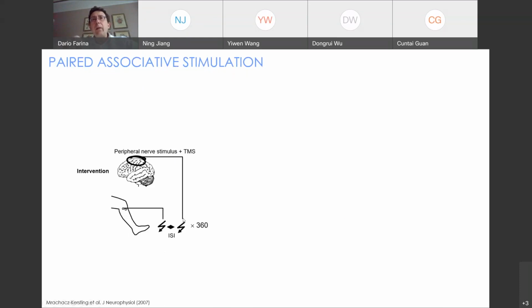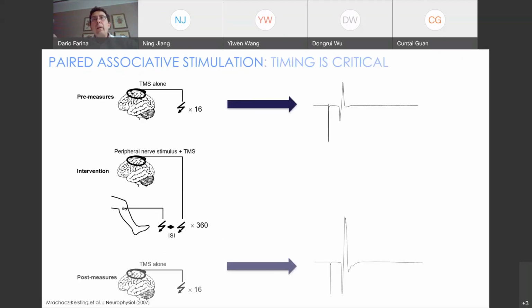It is a pair of stimuli, from which the name comes, and the first stimulus is a peripheral stimulus in a peripheral nerve, followed after a certain interval by a stimulation of the motor cortex. This pair of stimuli is repeated multiple times, and if this is repeated a sufficient number of times, we observe an increase in cortical excitability following the intervention.